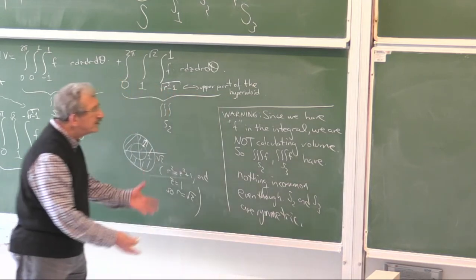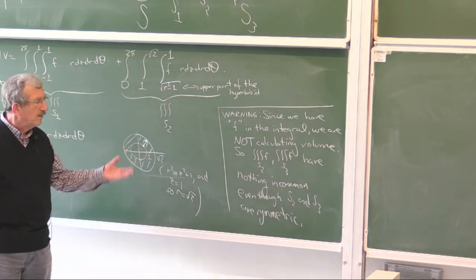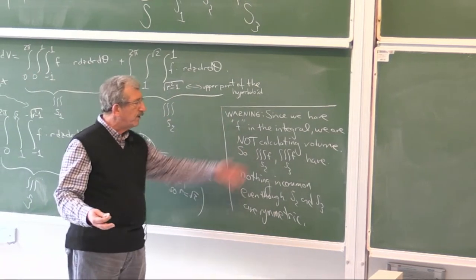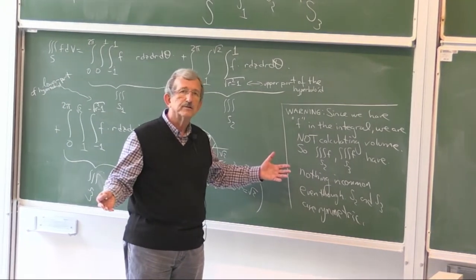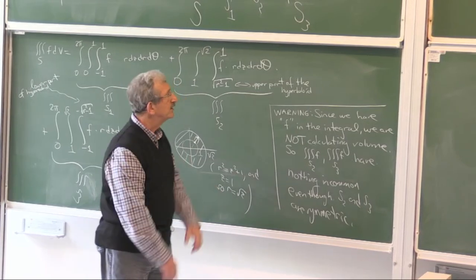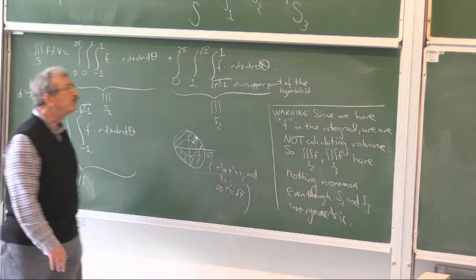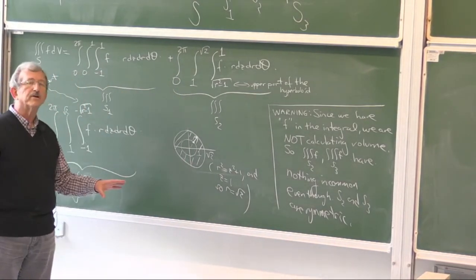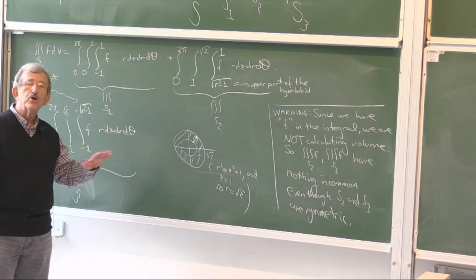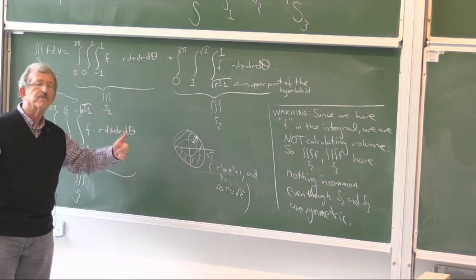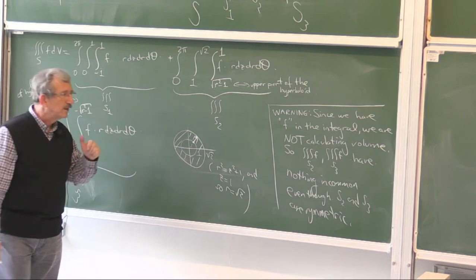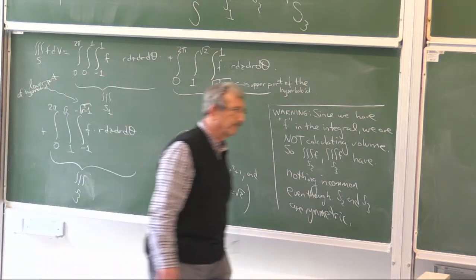The reason is we don't know what F is. Maybe on S2 F is 0, on S3 it is 1. Then we will get completely different answers. So such symmetries cannot be used directly in triple integrals unless you know that F is also symmetric. Then, of course, symmetry arguments can work in here.